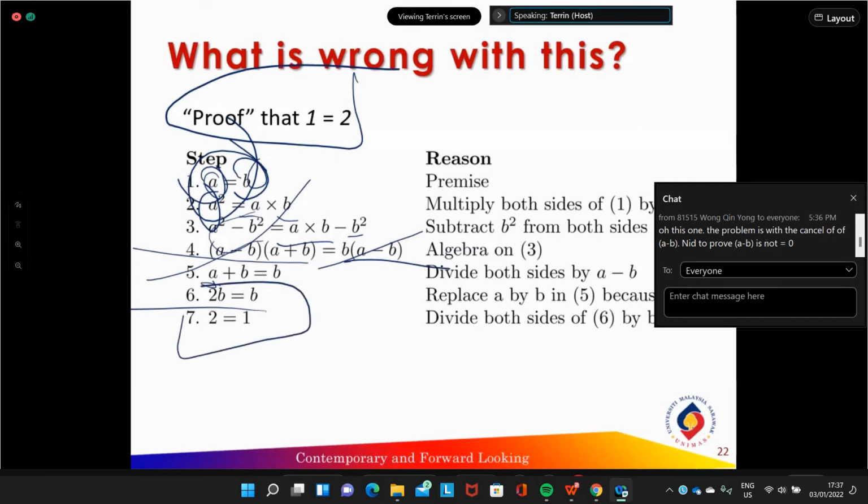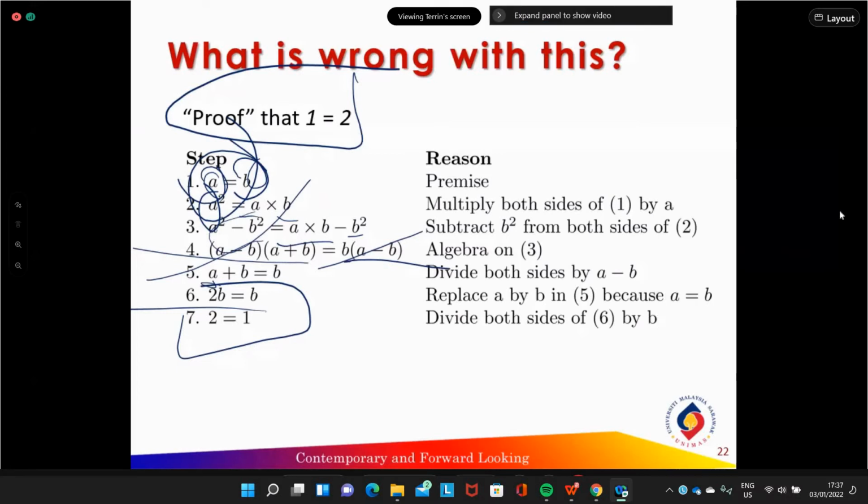So now we know that doesn't make sense, that is wrong, and which step is wrong? The working looks valid, or the proof looks valid, but we know that it is not.